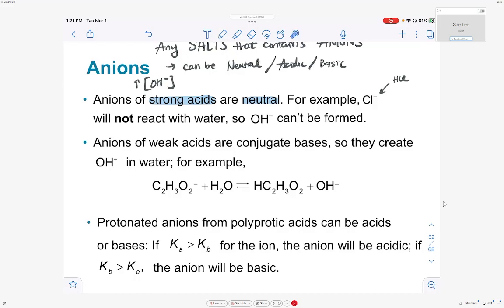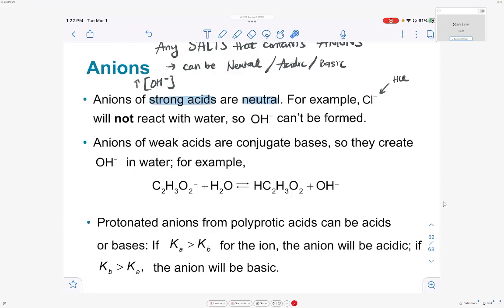Chloride ion, which is a conjugate base of a strong acid, is an extremely weak base. We've learned this before already.